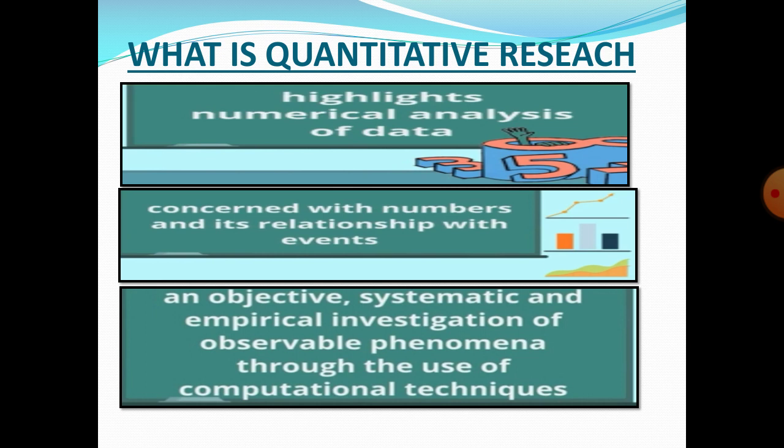It is concerned with numbers and their relationship with events. Quantitative research is an objective, systematic, and empirical investigation of observable phenomena through the use of computational techniques.